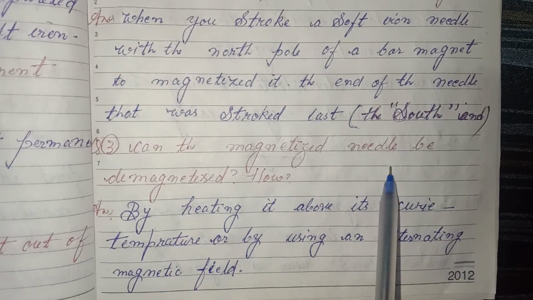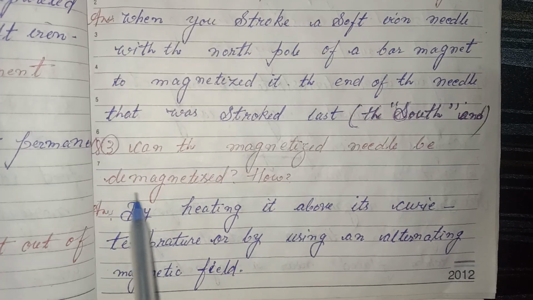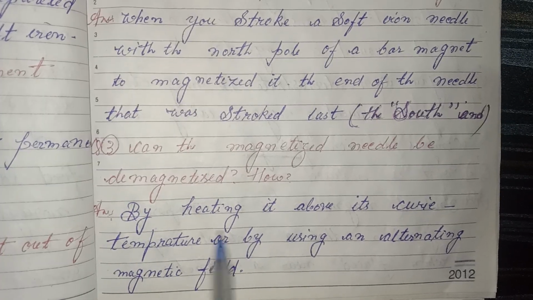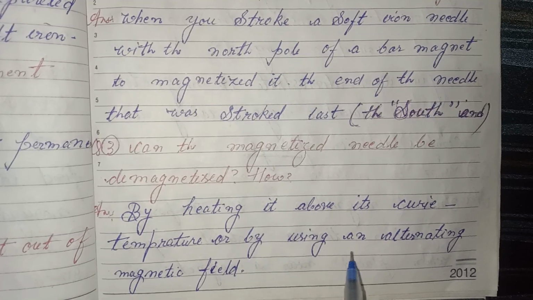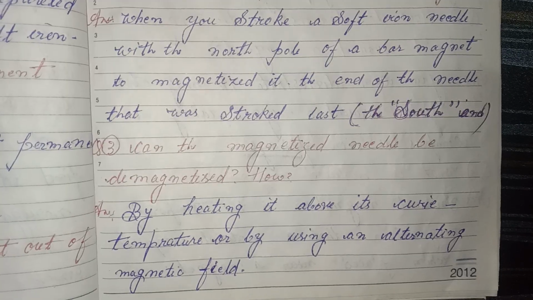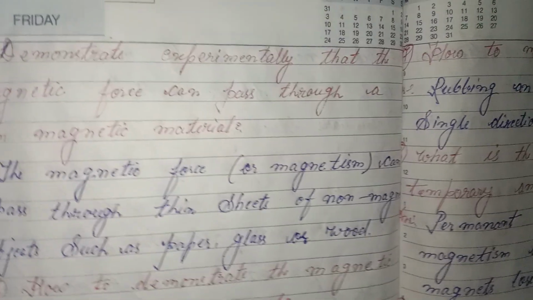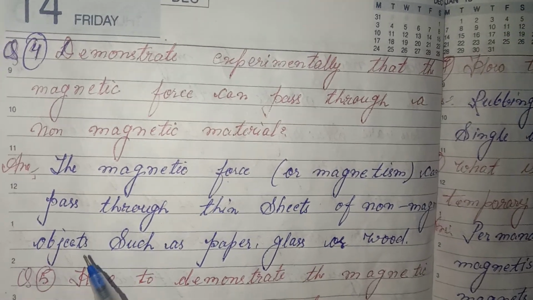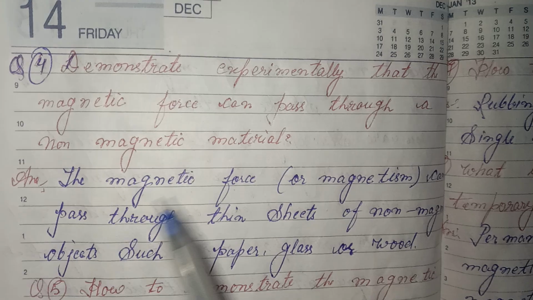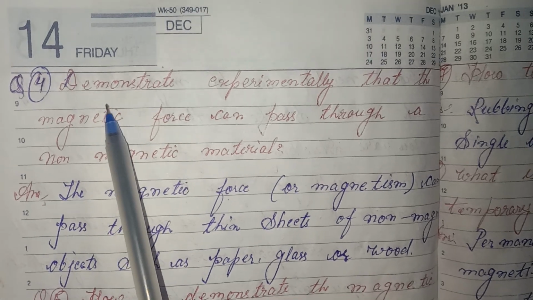3. Can the magnetized needle be demagnetized? How? Answer: by heating it above its Curie temperature or by using an alternating magnetic field. 4.